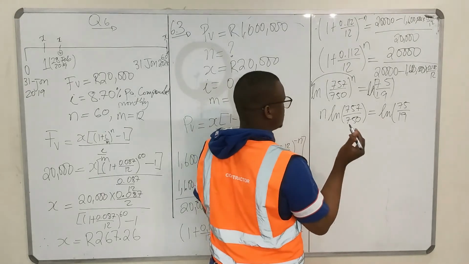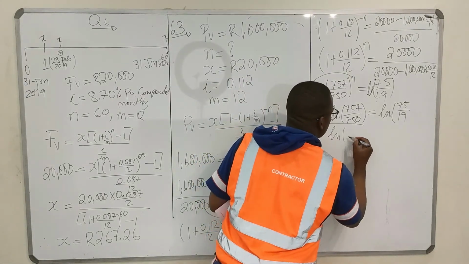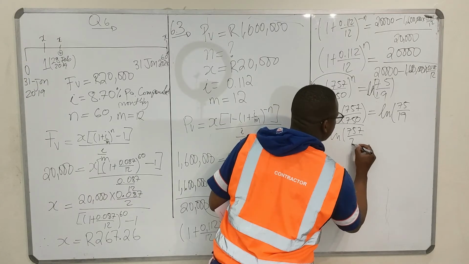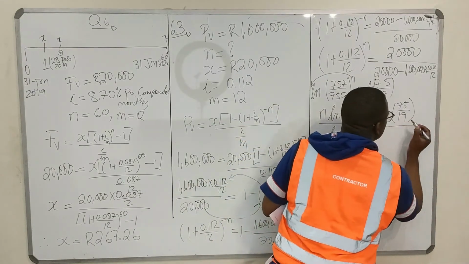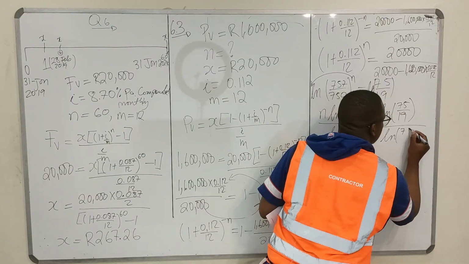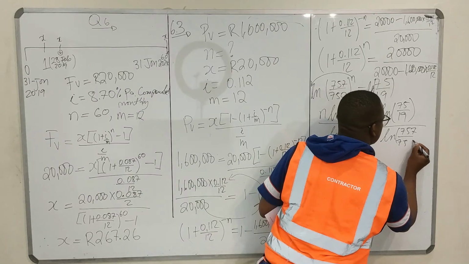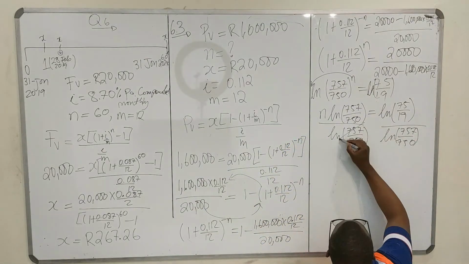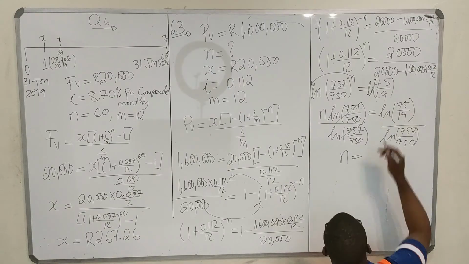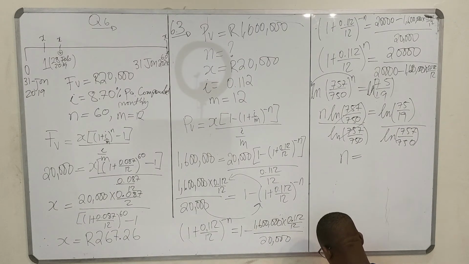Then divide by the natural log of 757 over 750, so this and that go away. So the number of payments will be the natural log of 75 over 19 over the natural log of 757 over 750.